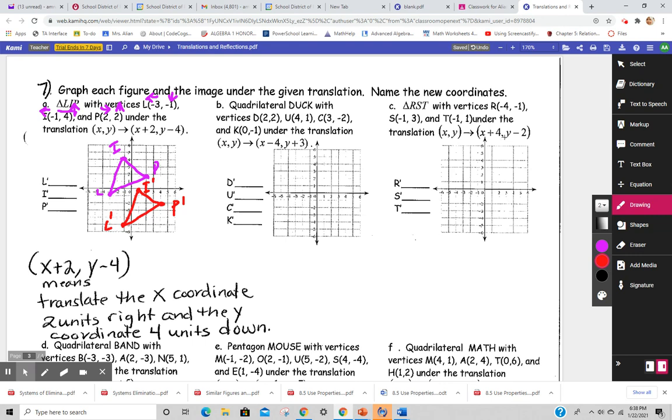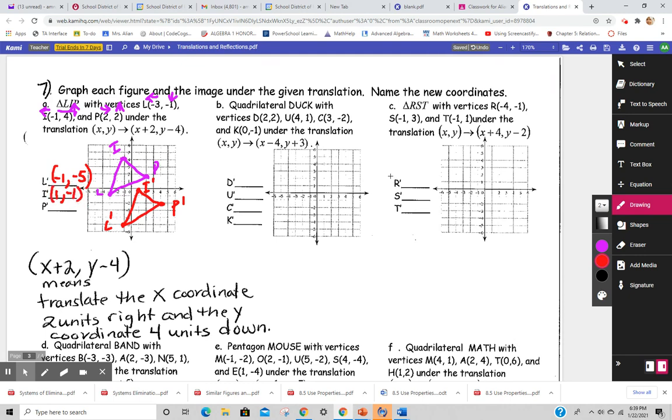All right, last one. They want you to put the vertices of the image. So L prime is located right here at -1, down 5, -5. And I prime is located at, I think it was 1, down 1. Let me check again.